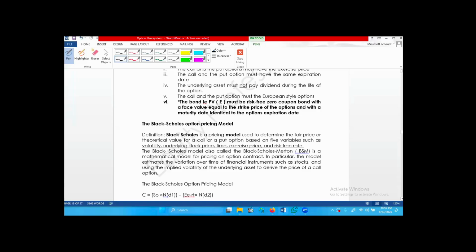To calculate this premium payable, there are different models that have been developed. For you to calculate the option price or the option value, we have different models developed for this purpose.